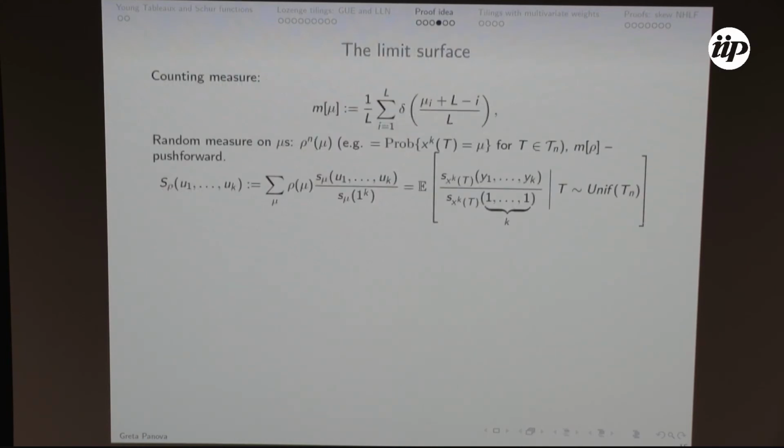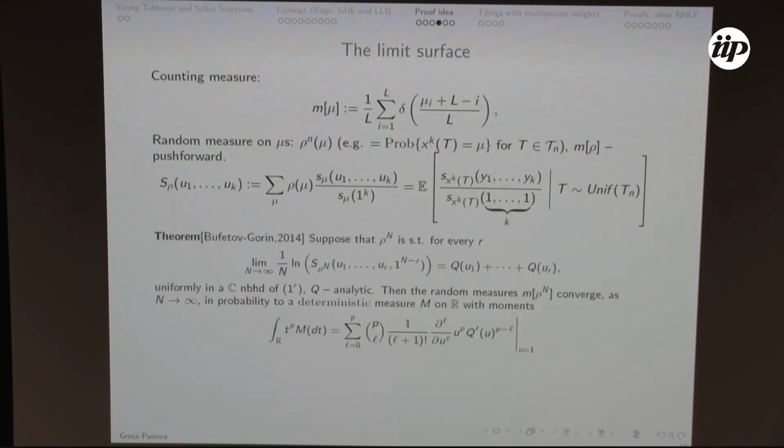For the limit surface, one can also use this Schur generating function. So I will go faster here, because these are a lot more technical details of how this works. But basically, one can use even weaker limits for this normalized Schur function, just the largest terms and no rescaling.